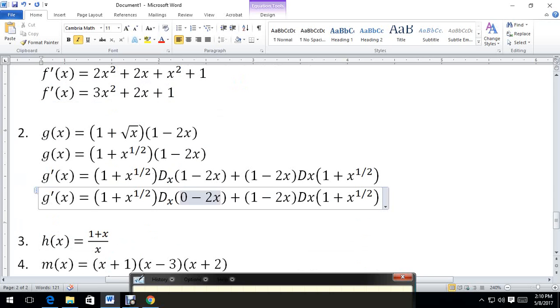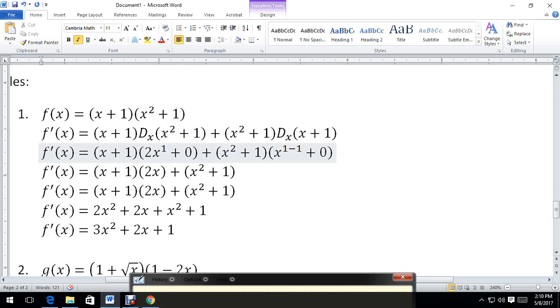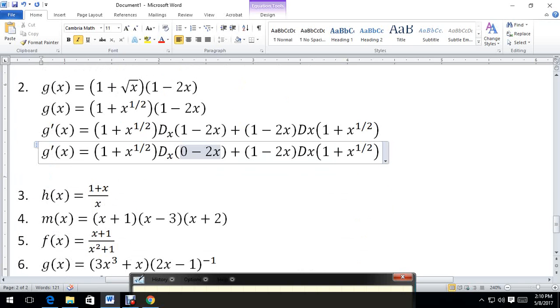You have x raised to 1, 1 minus 1 becomes 0, and any number raised to 0 becomes 1. So when you perform the derivative, negative 2x becomes negative 2x raised to 0, and x raised to 0 is 1. 1 times negative 2 becomes negative 2. So this becomes equal to negative 2.